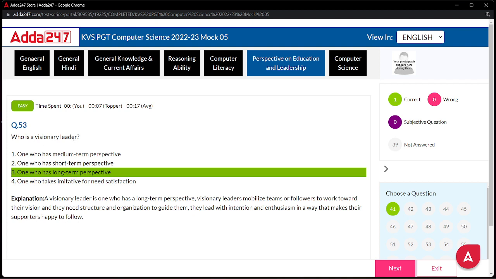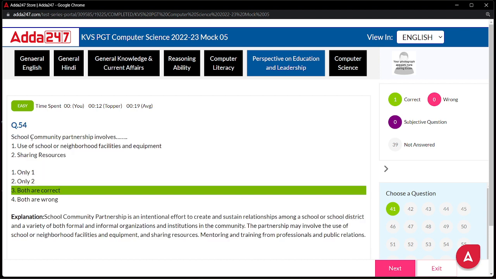Who is a visionary leader? One who has a long-term perspective, that is a quality of a visionary leader. School community partnership involves use of school or neighborhood facilities and equipment and sharing resources. This is the school community partnership.